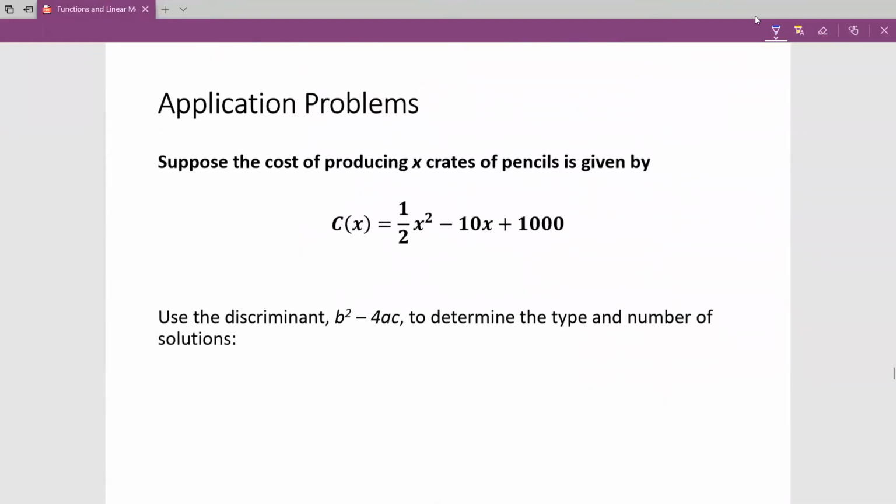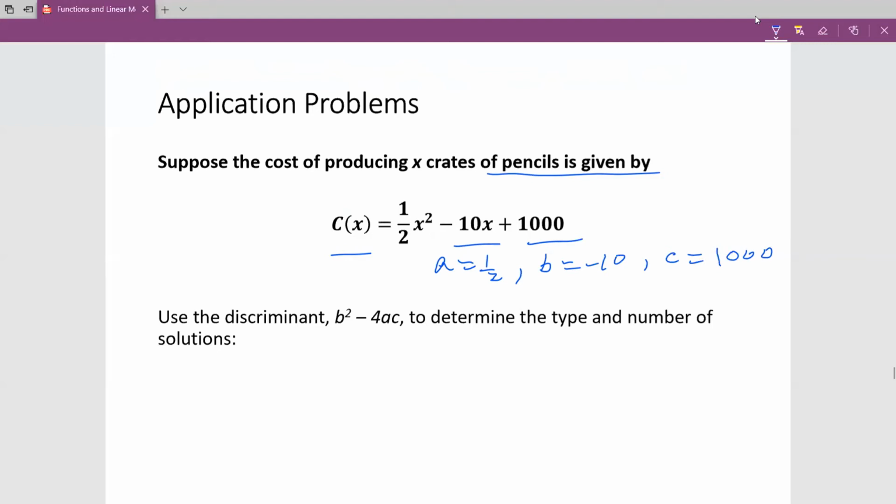Another application problem. The cost of producing x crates of pencils is given by this cost equation, C of x equals 1/2 x squared minus 10x plus 1,000. a is a half, b is -10, and c is 1,000.